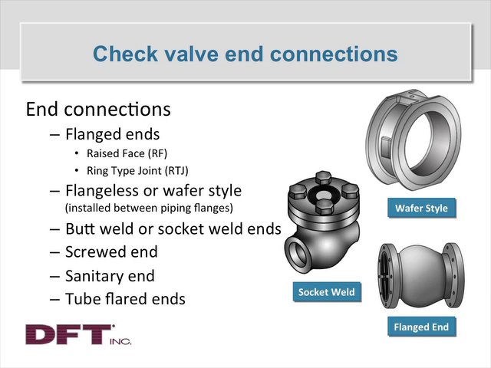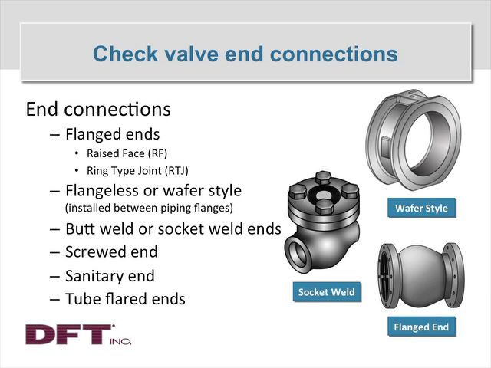But then there's other kinds of configurations, butt weld ends, socket weld ends. That's for welding the valve into the piping system directly. There's screwed end. Those are typically smaller valves, but they're threaded onto the pipe, and they've got that tapered pipe thread, female pipe thread into the body. There's sanitary ends. You'll find that in the food, beverage, and dairy industries.